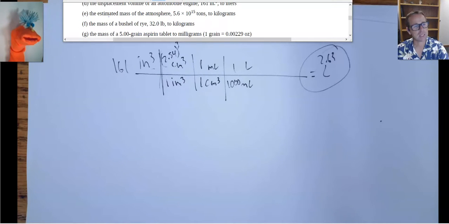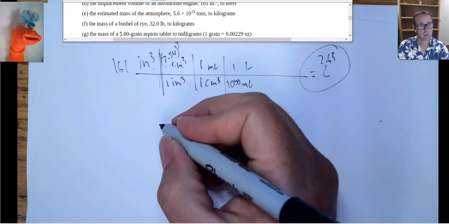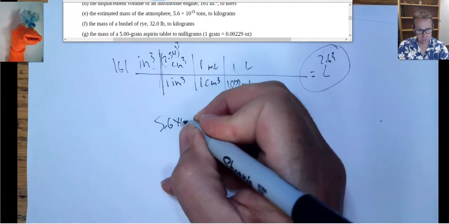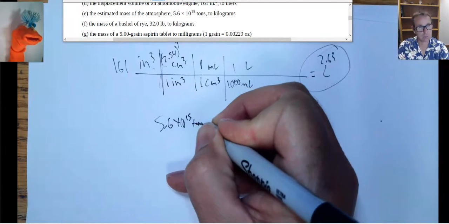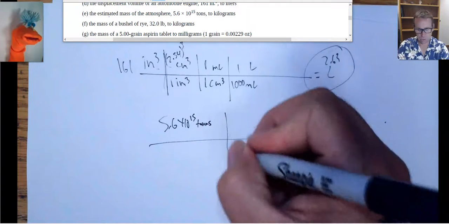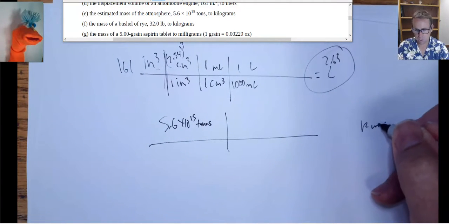The estimated mass of the atmosphere, 5.6 times 10 to the 15 tons. Whoa, that's a lot of atmosphere. 5.6 times 10 to the 15 tons to kilograms.